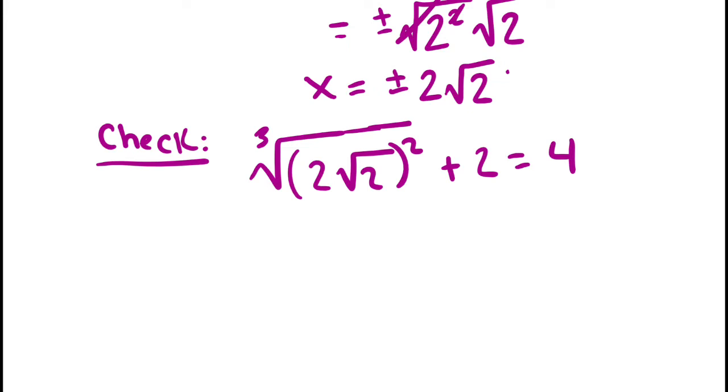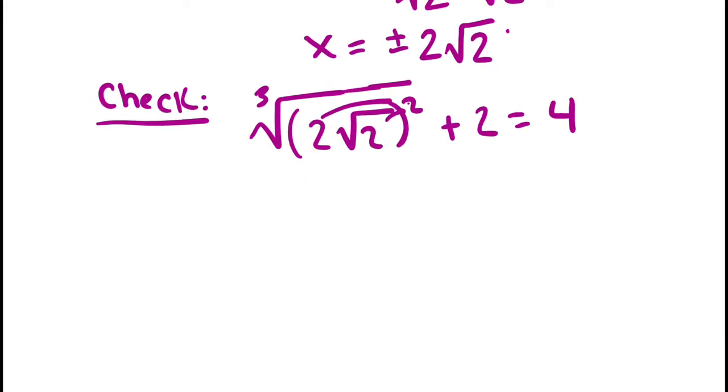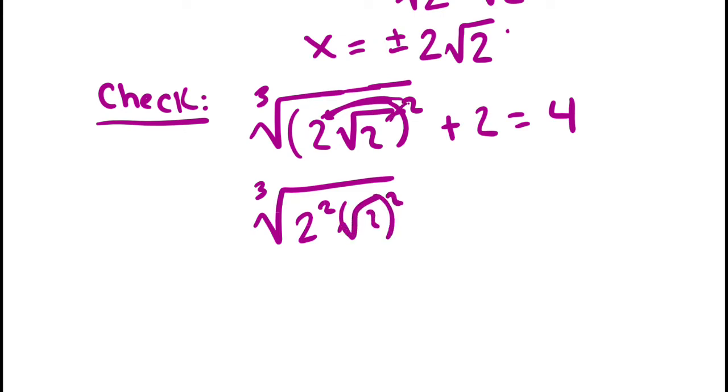So 2 squared is 4, and then the square root of 2 squared is 2. But I'll go ahead and show my work here. So I got the cube root of, I'm going to distribute that power, so I get 2 squared, and then I got square root of 2 squared, because I'm distributing the power to both of those. The square root of 2 squared, this cancels, leaving you with 2, and then 2 squared is 4.